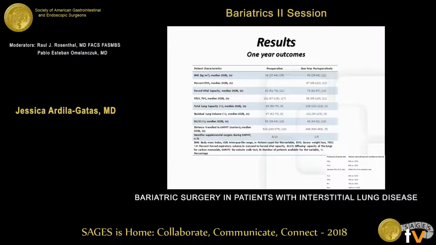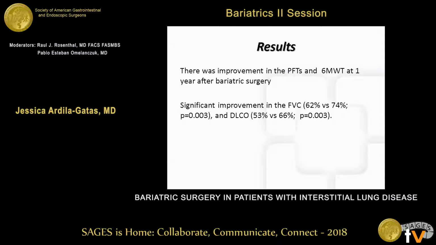Specifically, the forced vital capacity went from 62, which was less than the predicted value for the normal population, to 74, which was within the norm, and the total lung capacity, the DLCO and the distance traveled within 6 minutes also improved. So there was improvement in the PFTs and the 6-minute walk 1 year after bariatric surgery, and a significant improvement in the FVC and the DLCO.